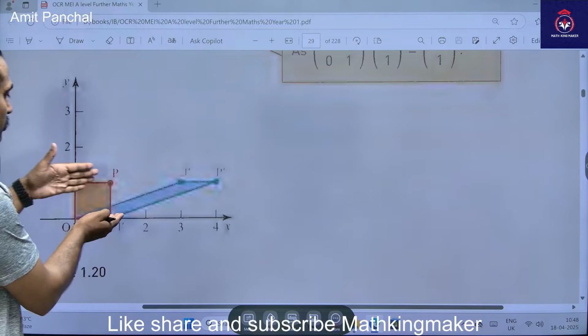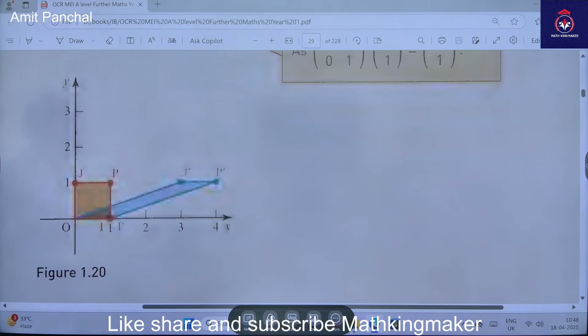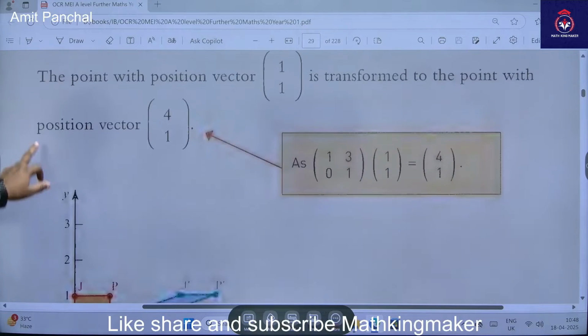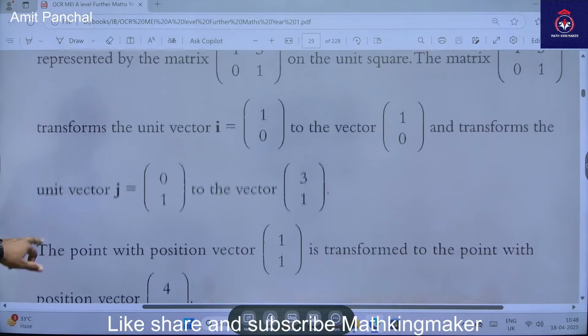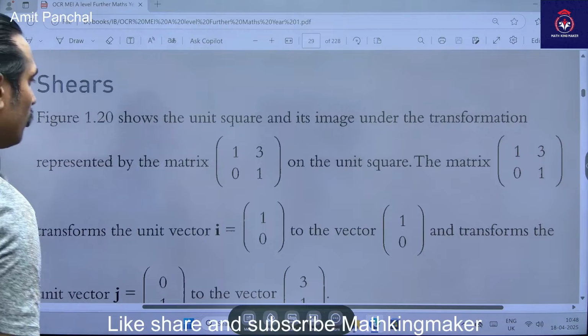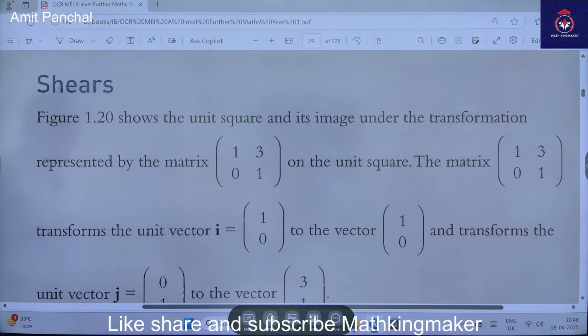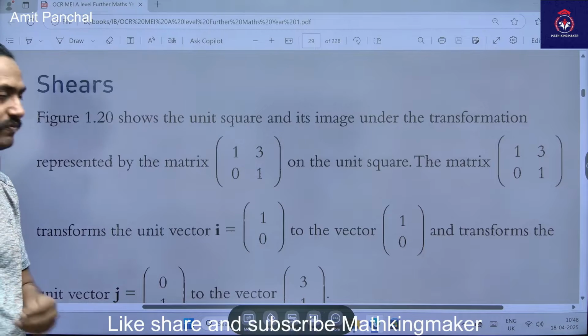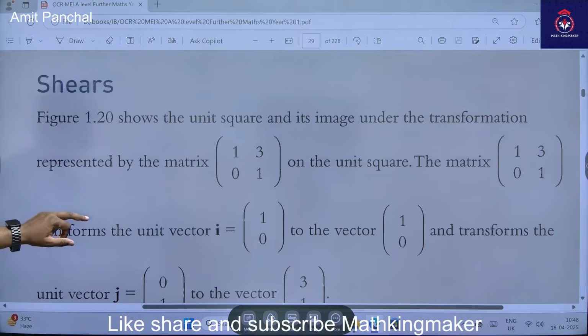So this is going with an angle. This is called a shear. Your whole shape is getting changed, like it has some rotation.